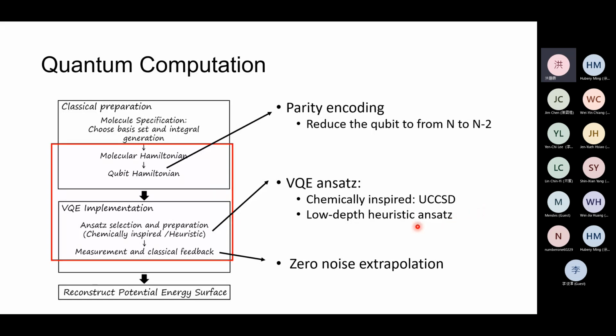And later, for the noisy environment, we use a low depth ansatz. We want to answer: if we claim we have a better input Hamiltonian, can this Hamiltonian be computed under the effect of noise? After that, we use zero noise extrapolation to mitigate our results to get a better result.